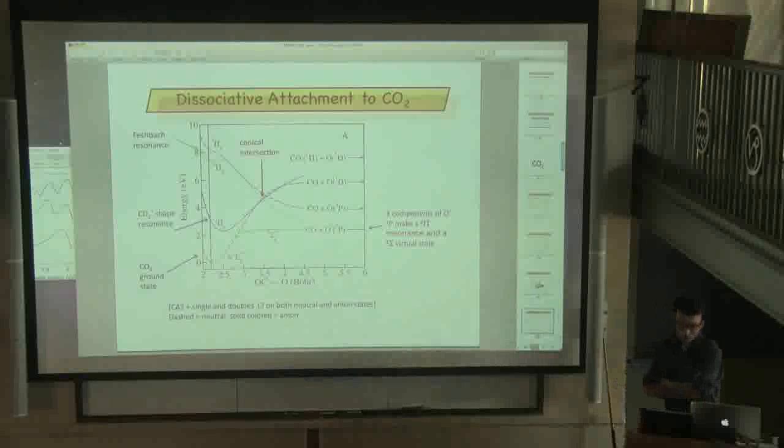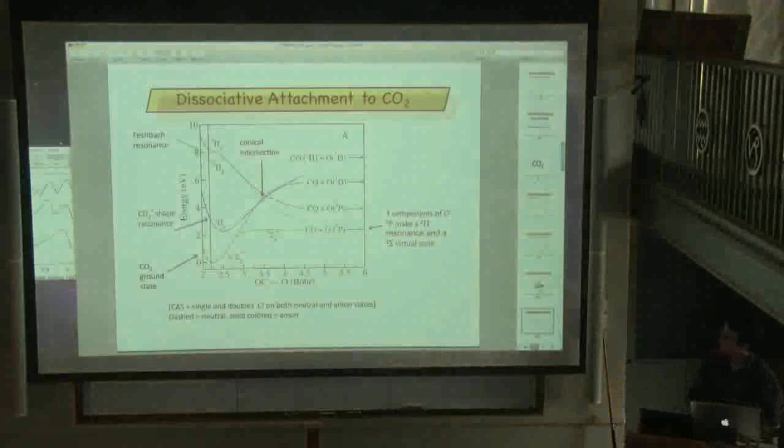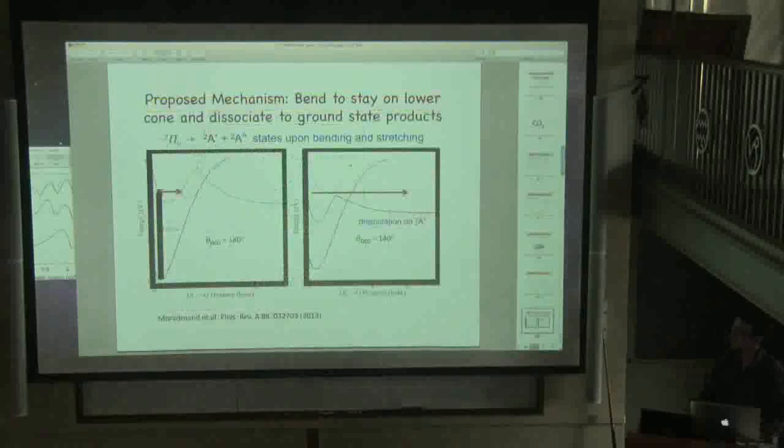Now, we think dissociative electron attachment occurs via both these states, pi U and pi G, despite the fact that you can see there's a barrier formed by that conical intersection. So the idea is that the molecule must circumnavigate that conical intersection in order to dissociate.